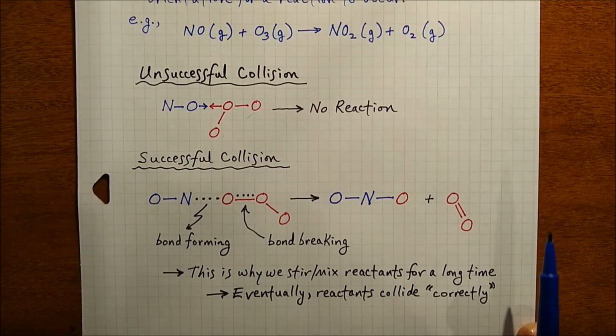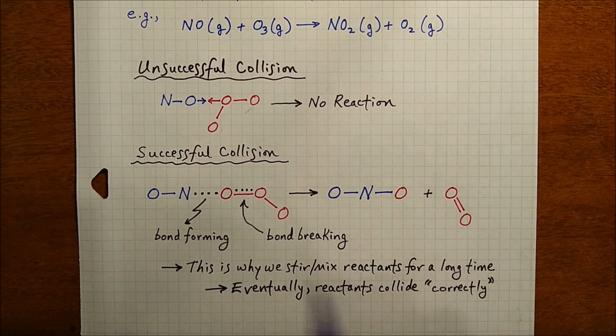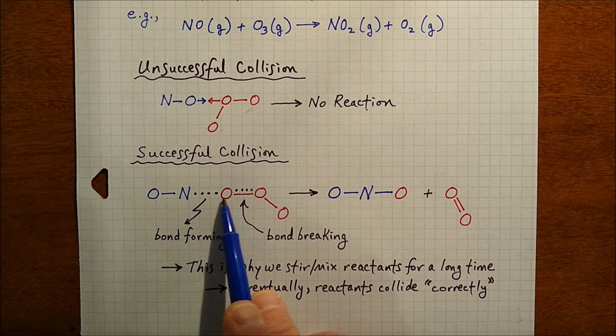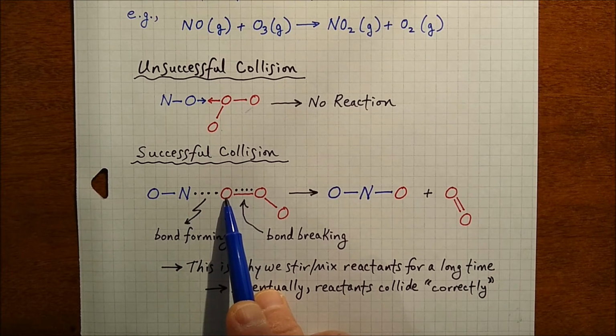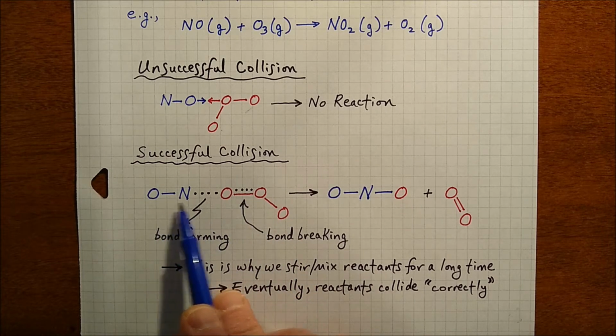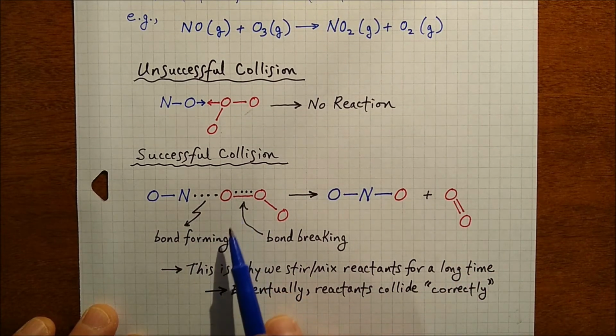To have the reaction occur, you have to have the molecules bump into each other with this orientation. The nitrogen of the NO molecule would have to collide with one of the end oxygens of an ozone. Ozone's a V-shaped molecule. And what's going on here, what these dotted lines represent, are bonds forming and breaking.